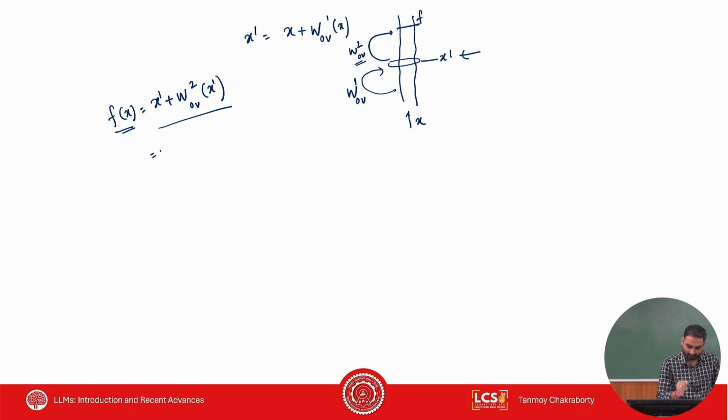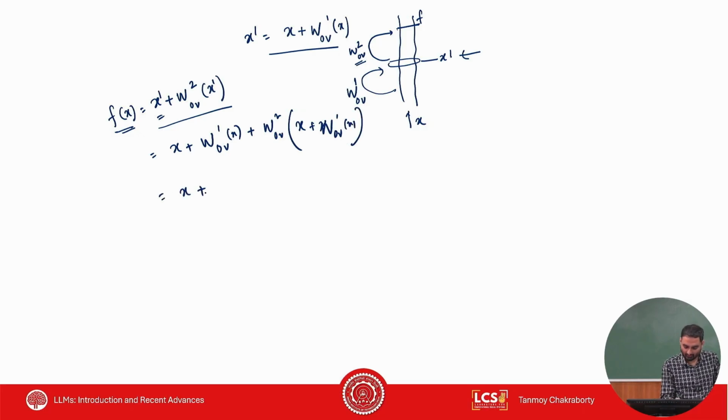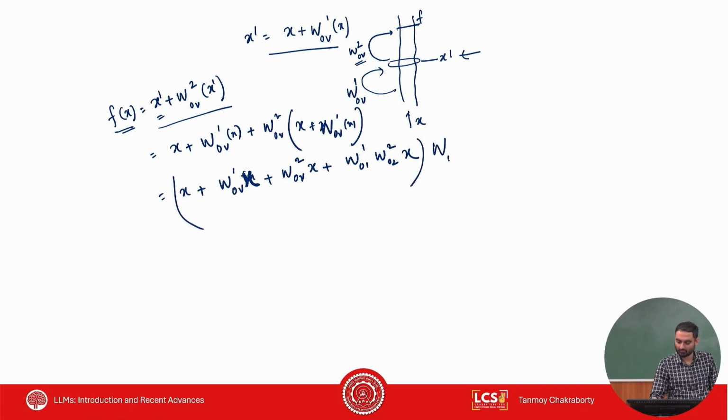Now let us expand this. I replace X1 by this, X plus WOV1 X, plus WOV2 X plus WOV1 X, which is X plus WOV1 X, plus WOV2 X plus WOV1 WOV2 X. So this will be multiplied with WU.